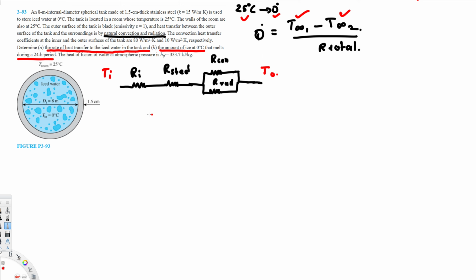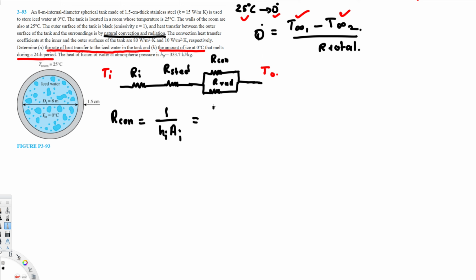So let's go ahead and calculate R inside first. Inside we have convection, since we have fluid right here. So R convection is equal to 1 over h A. This is the inner one, let's put A i.